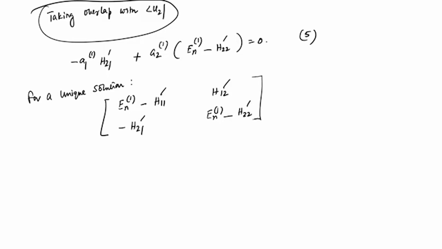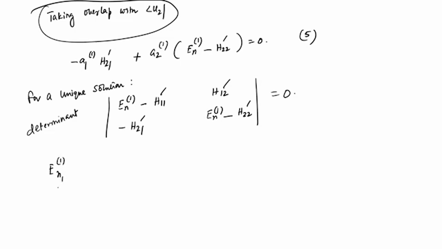Okay. So, this should be equal to 0. I mean, this means that the determinant is equal to 0. So, this is actually the determinant. I mean, determinant is usually written between two vertical lines. So, we will just do that. So, this is equal to 0, and this has two solutions which are the solutions for En1.